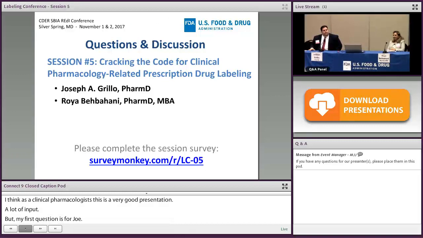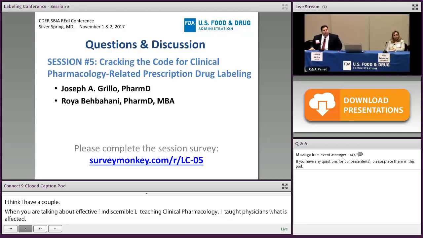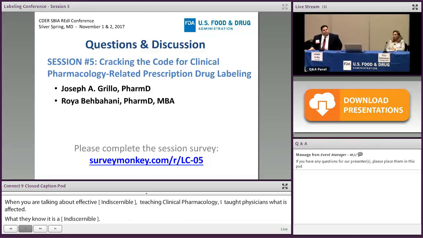So, when you're talking about effective half-life, teaching clinical pharmacology myself, I think many physicians don't understand what effective half-life is. What they know is the terminal half-life. If I look at one of the tables you presented as an example, you presented the data based on the single dose and multiple dose.